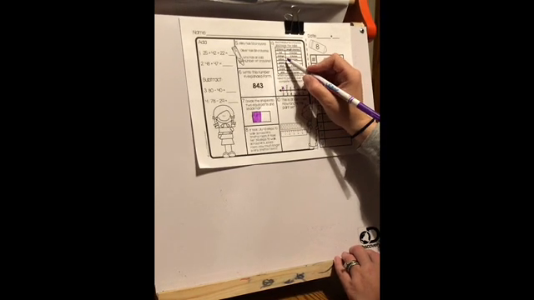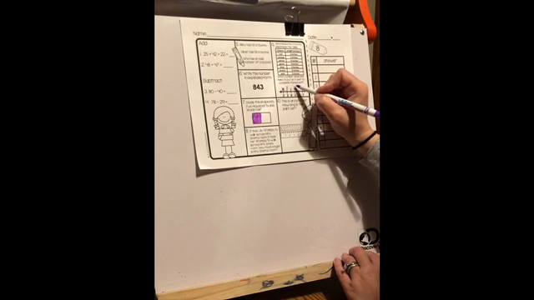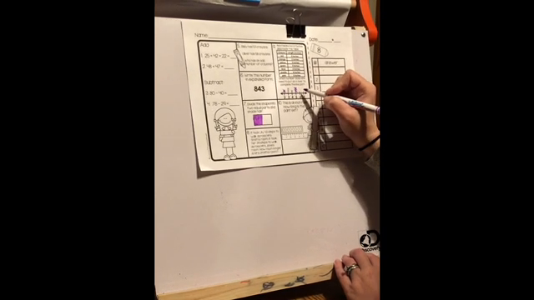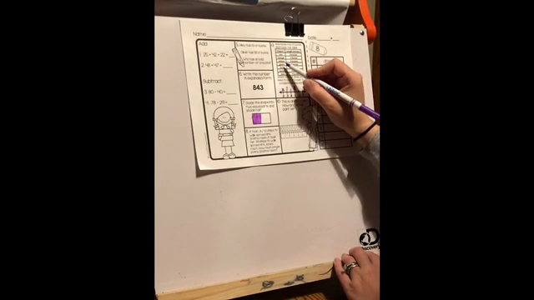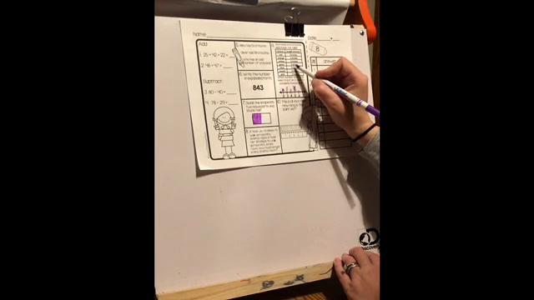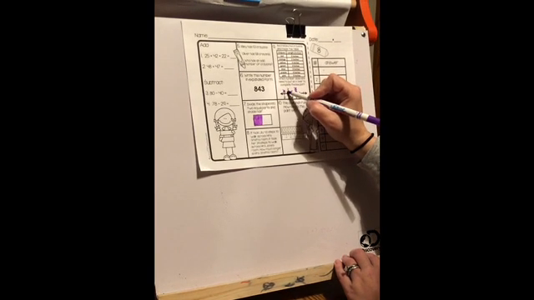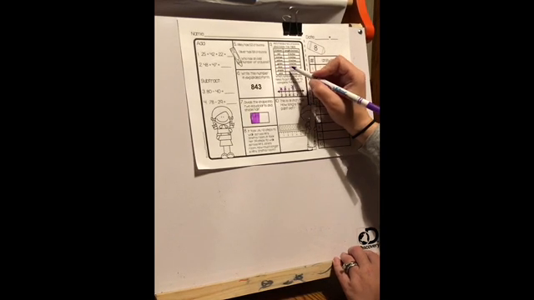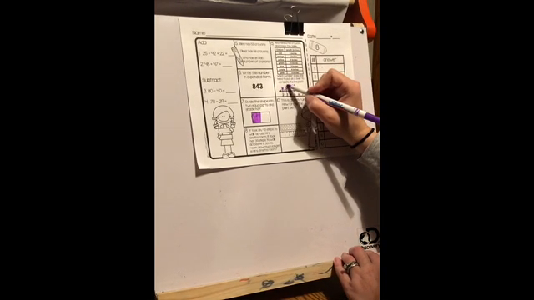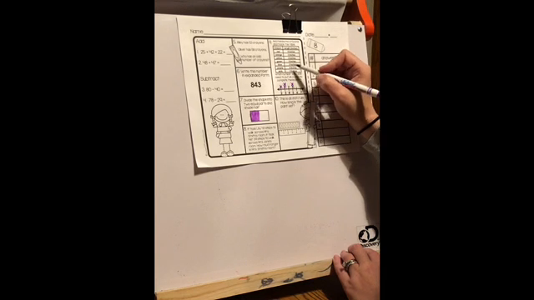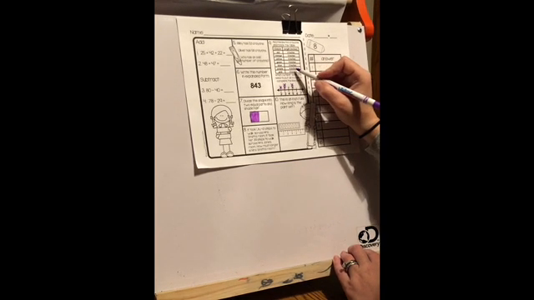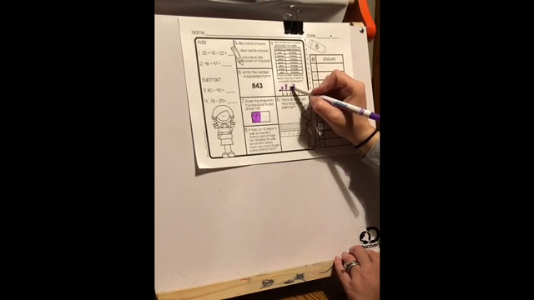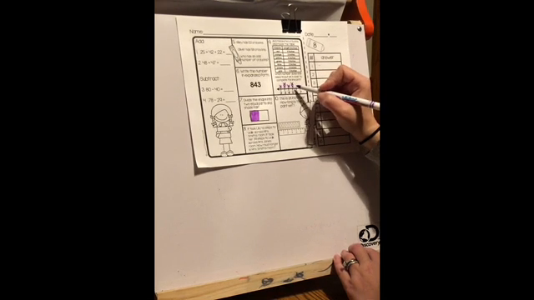The yellow crayon was 5 inches, so she put an X for the yellow crayon. The green crayon was 3 inches, so she put an X for the green crayon. The blue crayon was also 3 inches, so she put an X for the blue crayon. The purple crayon was 4 inches, so she put an X for the purple crayon.